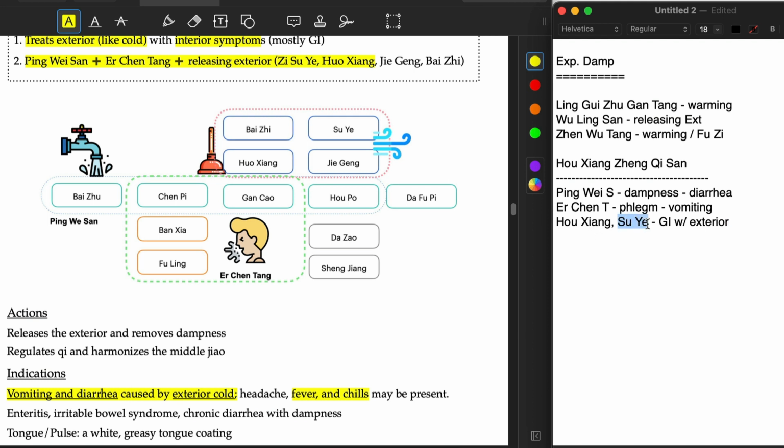For example, Suye. Suye, do you remember Xiang Shusan? You learned this formula in Formula 1 class. What kind of action does it do? Xiang Shusan. Let's look it up.